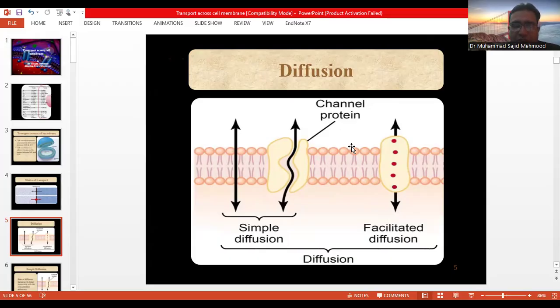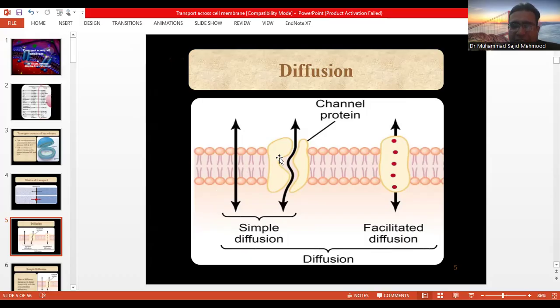This movement can also be of gases like oxygen, carbon dioxide, etc., through the lipid bilayer, because oxygen and carbon dioxide are readily lipid soluble and can pass the lipid bilayer easily, moving from the higher concentration towards the lower concentration.